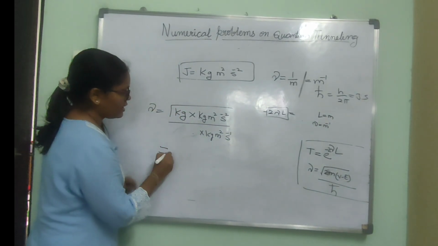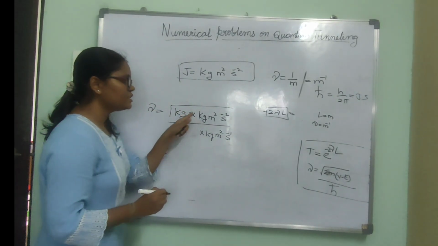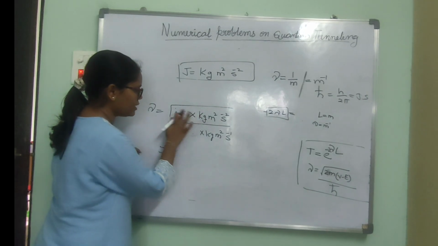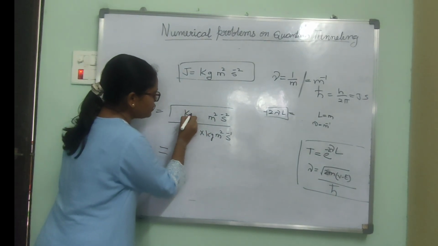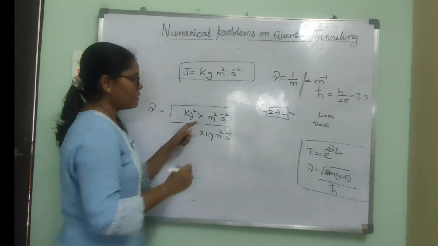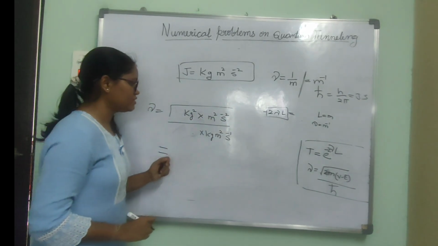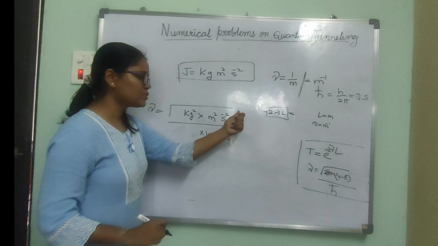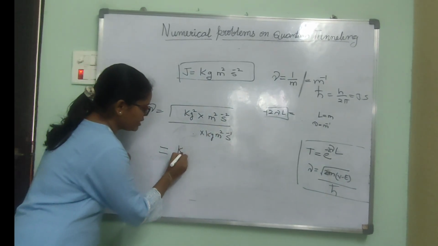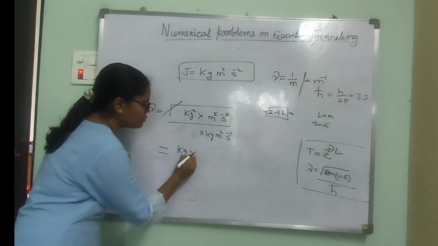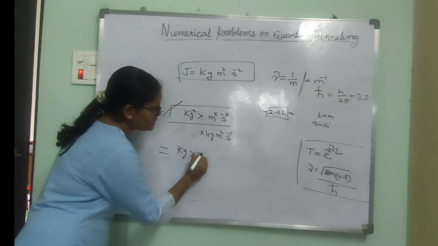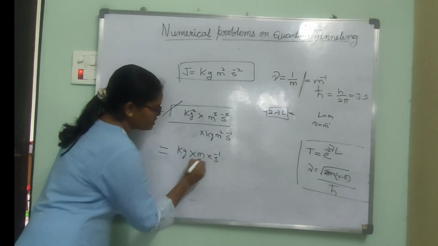Okay. And here under the root kg into kg becomes kg square. So this would be kg square meter square into second power minus 2. When I take the square root of it, it would be kg. So this square and root will get cancelled, and this would be kg meter second power minus 1.